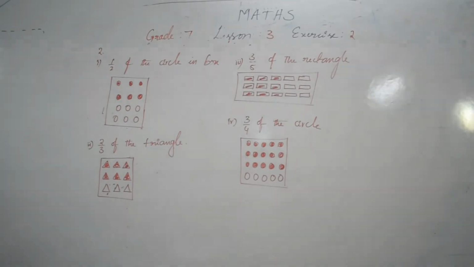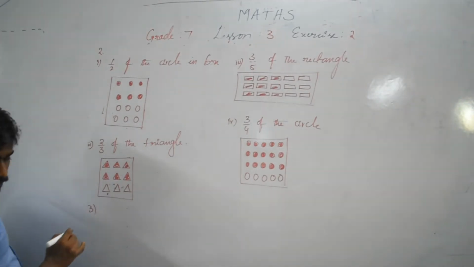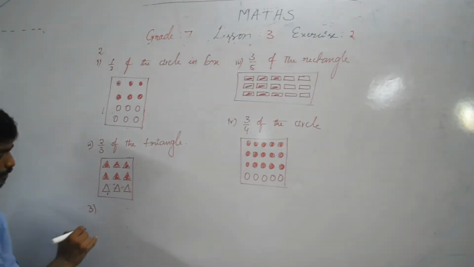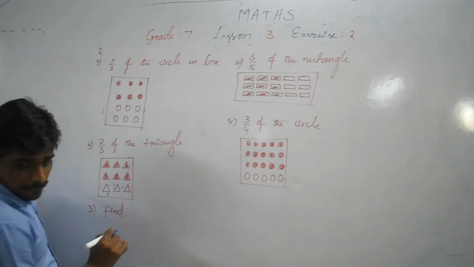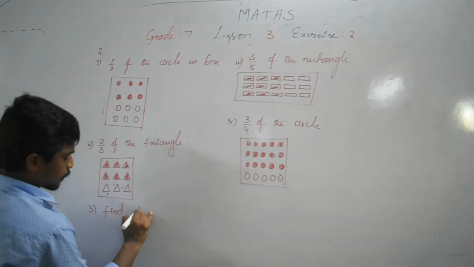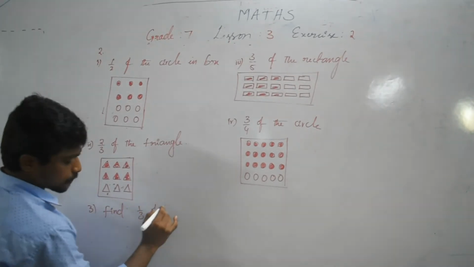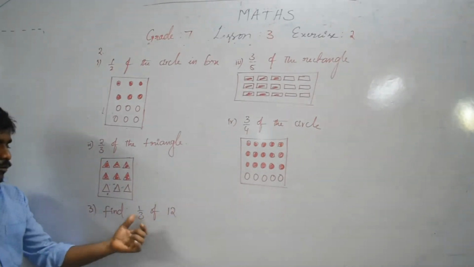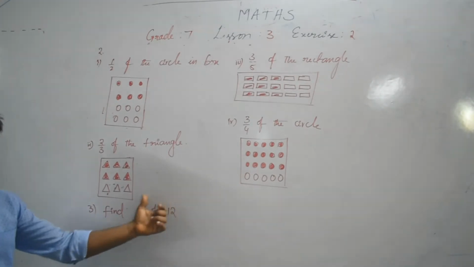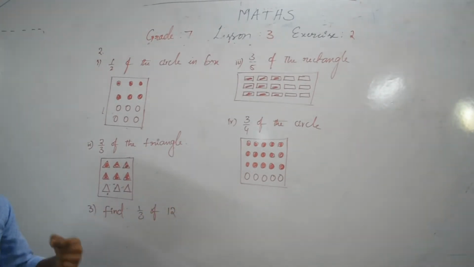Next one. Find 1 by 3 of 12. In mathematics, between two numbers, of means the multiplication symbol.